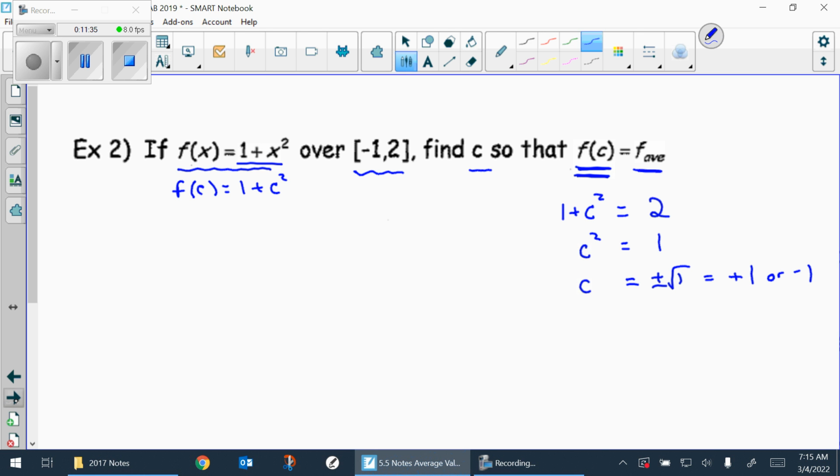And don't feel like you have to turn this into a c. Could I have said that f of x, 1 plus x squared, was equal to 2, so x squared was equal to 1? And so x, that magical value where the average value and the value of the function are the same, is positive or negative 1. Yeah, you can keep that in x. You don't have to call it a c. You're looking for that x value.